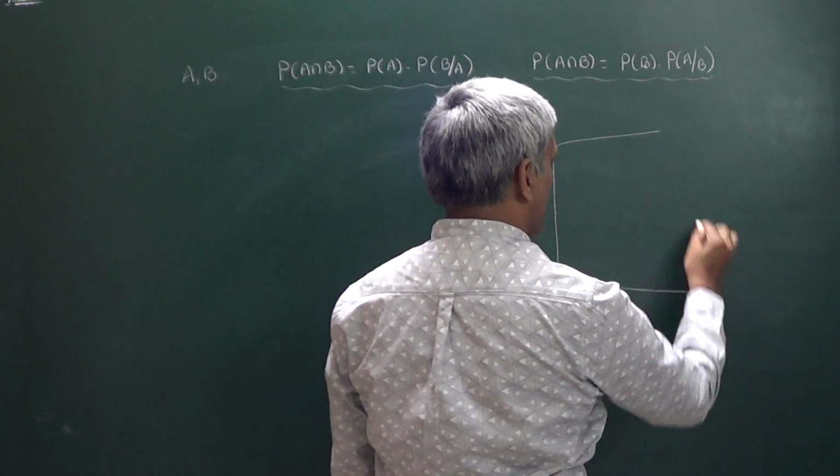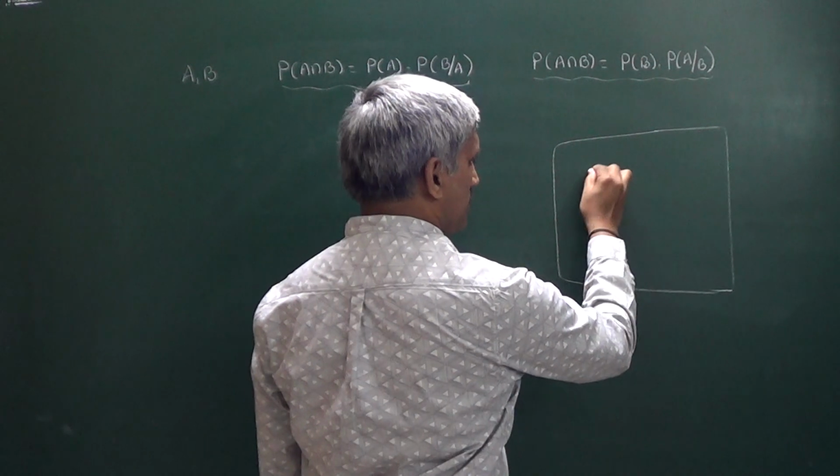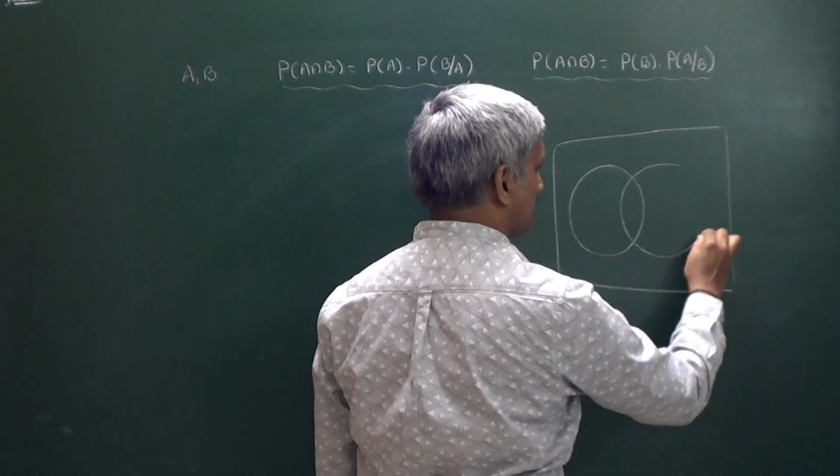A, B are two events associated with the sample space S of a random experiment.